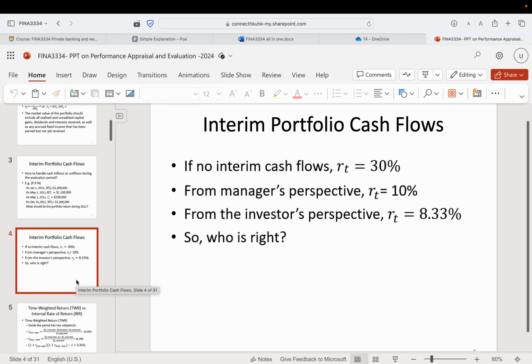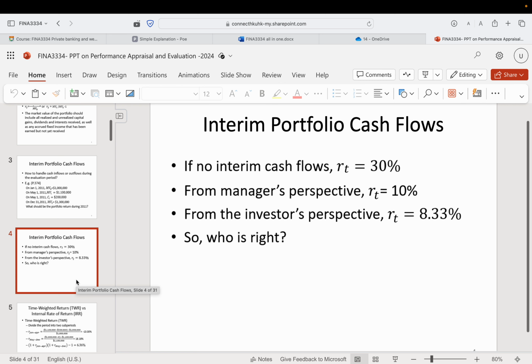So divide the period into two sub-periods. For January to April, it's 10%. And then for May to December, I get 1.3 divided by 1.1 at the start, so 18.1%. If you calculate this on a compound basis, it should be 6.36%.